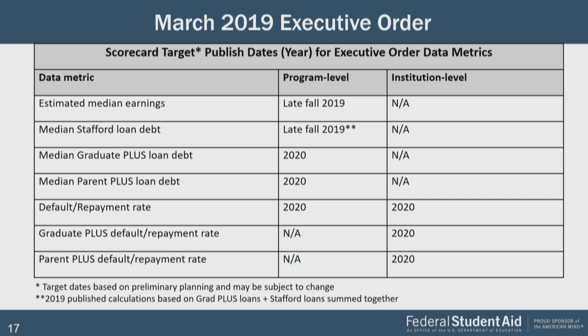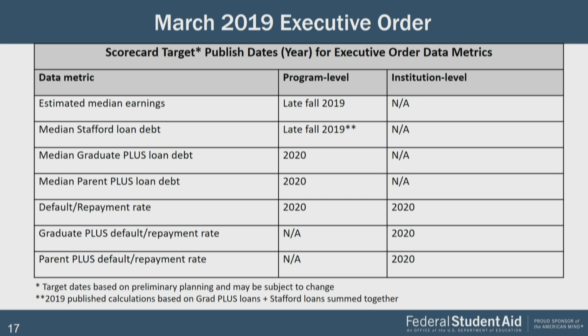So let me talk about a little bit of what's changed this year compared to prior years. The biggest change stems from a March executive order. And this March executive order prescribed that College Scorecard begin producing both program level, which we call fields of study on our consumer site, I'll get into that a little bit later, and also some new institution level data.